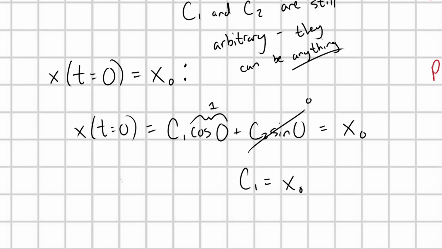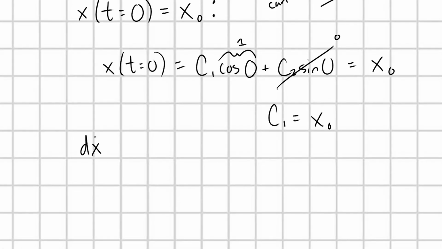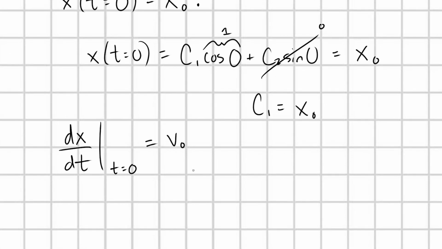Next, let's go ahead and write out our initial velocity condition. So my velocity, which is the derivative of my position with respect to time, evaluated at t equals 0, is simply going to be equal to v naught, like we said. All right, let's go ahead and take the derivative. What is dx dt?